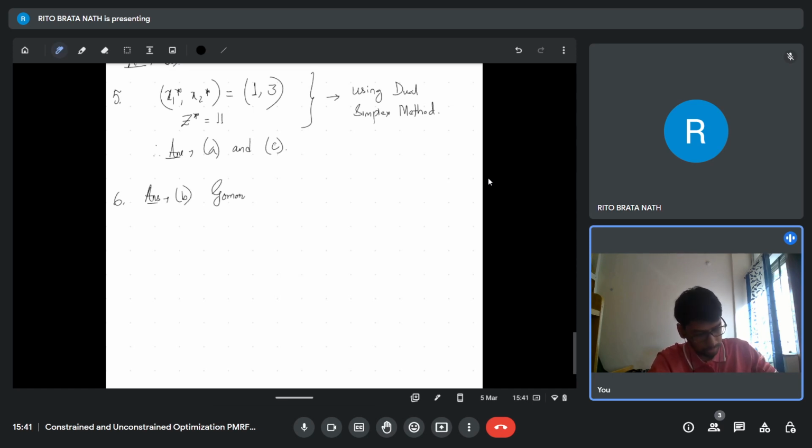This is related to Gomory's cutting plane method for integer programs. It's introduced after obtaining the optimal solution by simplex method, and then you have to resolve it again after introducing that cut.